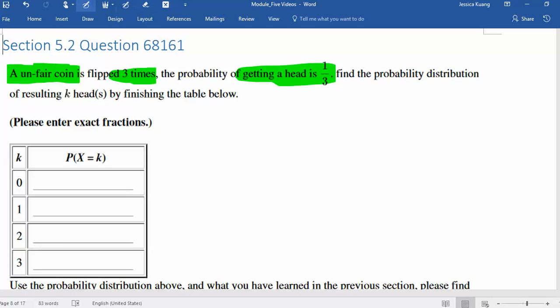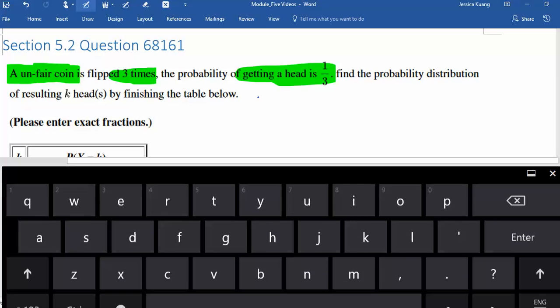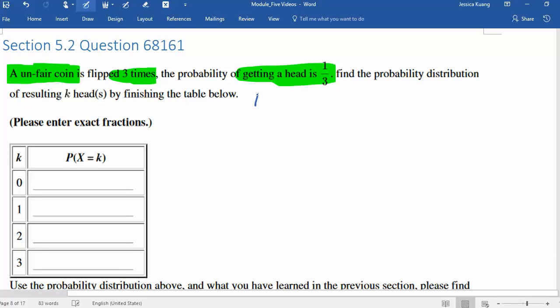So, start from the first line. What is the probability of getting 0 head? To find this probability, I need to know both the probability of getting a head, which is 1/3, and the probability of getting a tail, which is 1 minus 1/3, and that is 2/3, because if you do not get a head, you must get a tail.